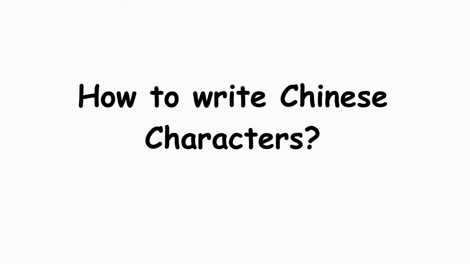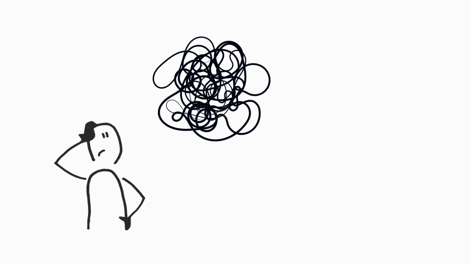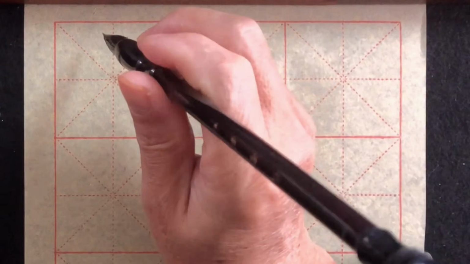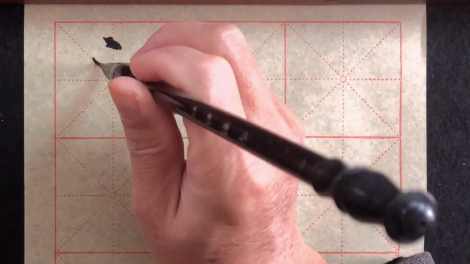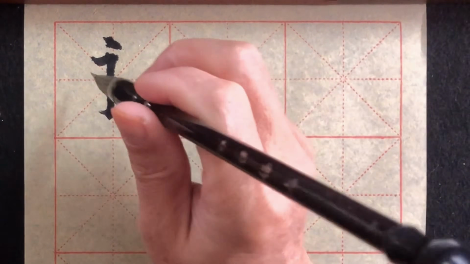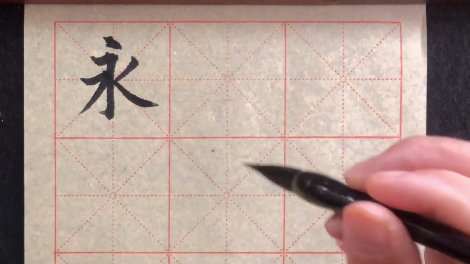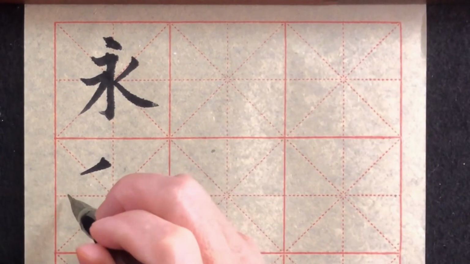Now, let's move to the last question: how to write Chinese characters. You may think they look like random pictures drawn freely, but actually, Chinese characters follow fixed stroke orders and specific rules. The stroke order system was designed to produce the most balanced and beautiful characters while being efficient. Please watch this clip to see how smoothly he writes.